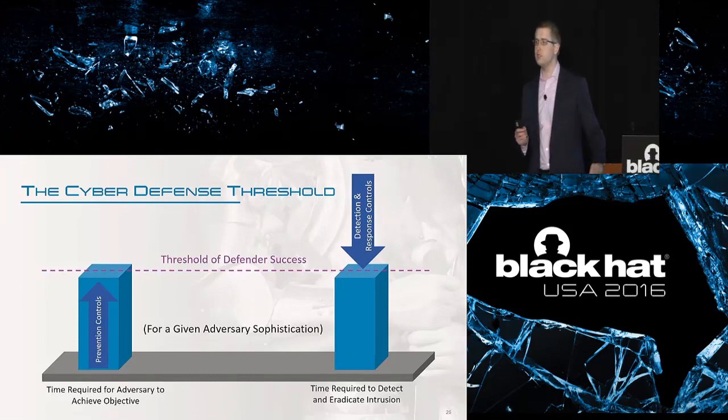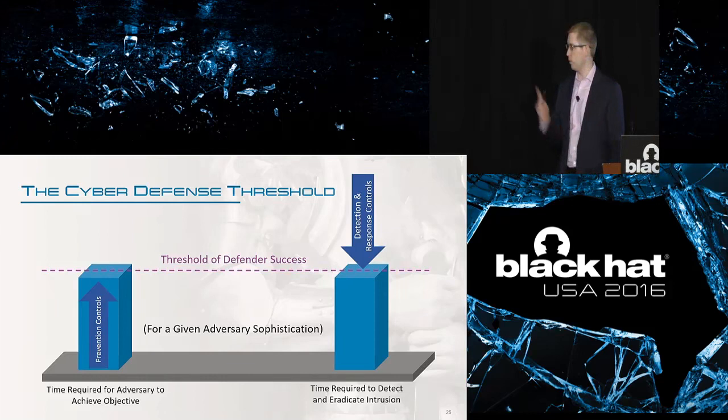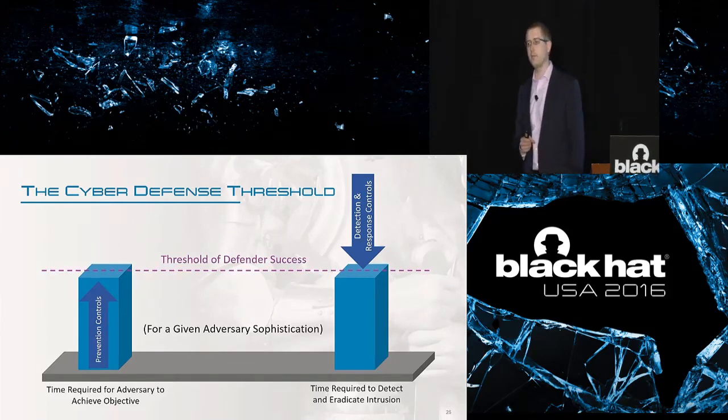Note that this is for a given adversary sophistication level. In the presence of a certain ecosystem of controls, the adversary can also manipulate the time required on both the left and the right-hand side here. And they can do that by increasing their level of sophistication.